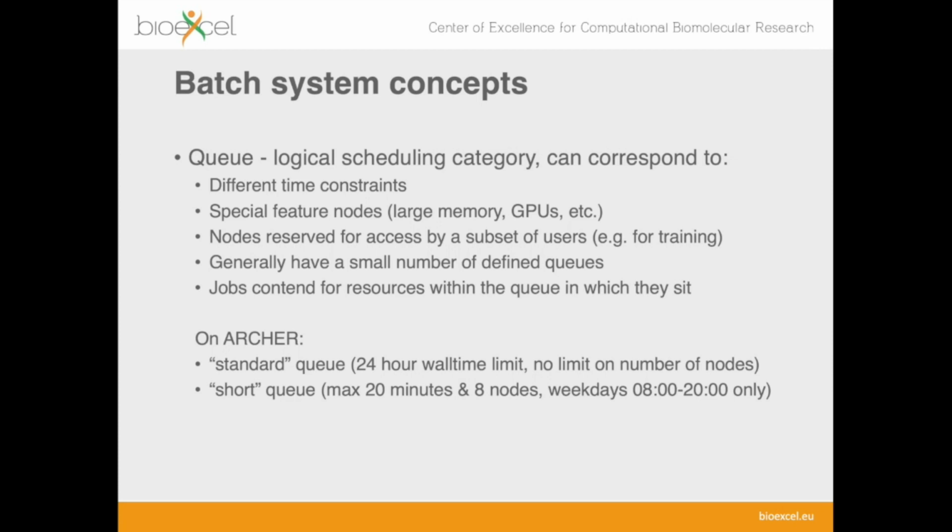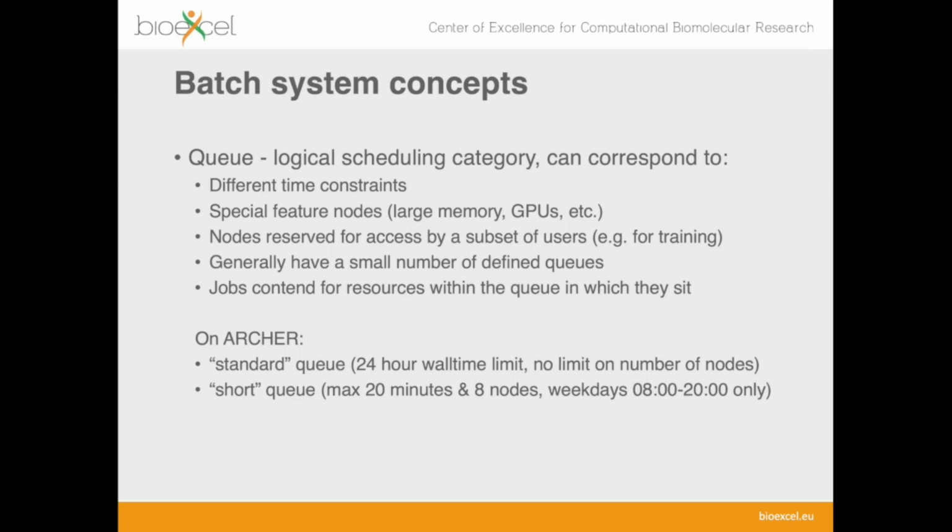You might have a separate queue for people who want a large number of nodes or a small number of nodes, or people that want to use particular features of which there are only a subset of nodes, like nodes with a lot of memory or GPUs, or nodes that are reserved, for example, for this training course, so that only users who have the reservation code and are authorized can use those nodes, and they're set aside.